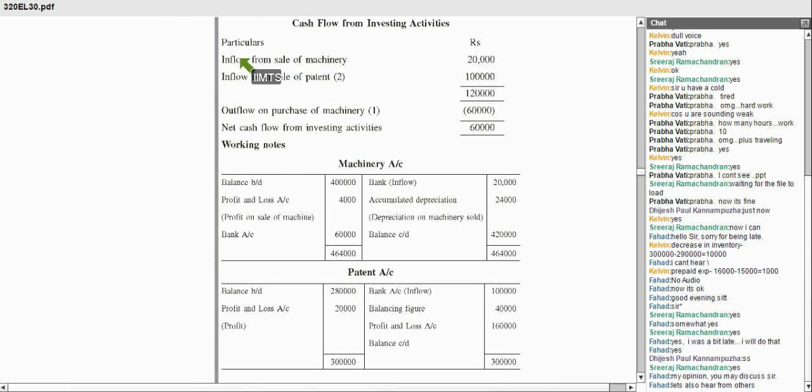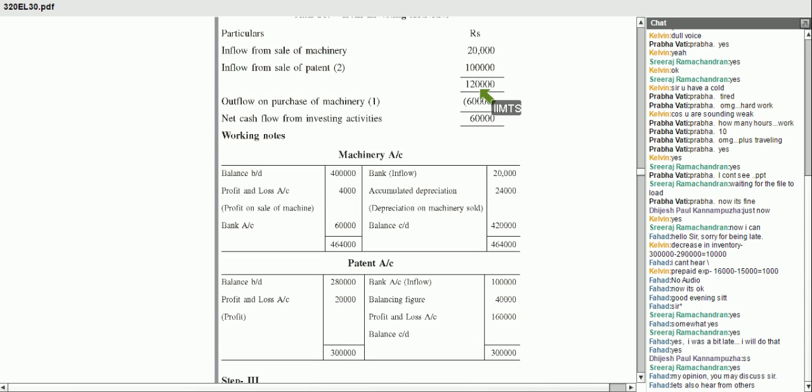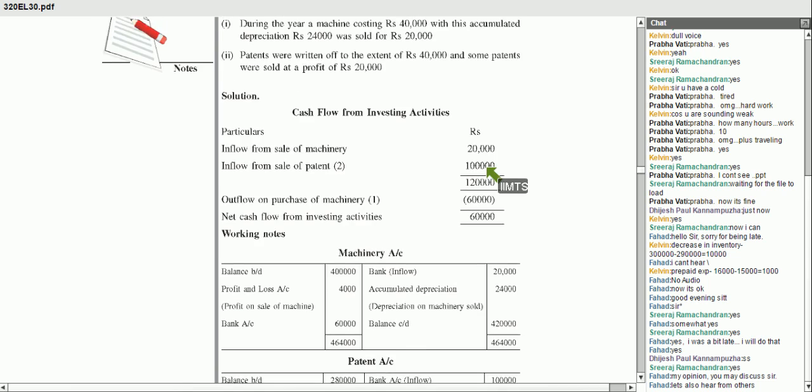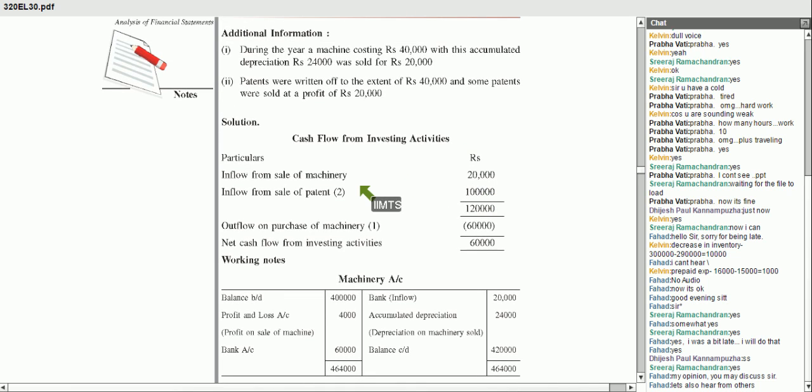This is the solution. Let's see the particulars given. Inflow from sale of machinery is 20,000. Inflow from sale of patent is 1 lakh. So it makes the total of 1,20,000. Right. Inflow means inflow of cash, credit.